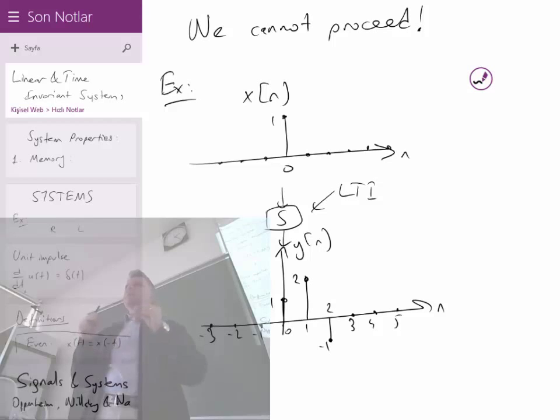This x of n is the most generic input. By the way, it had a specific name. Do you remember this? It was the unit sample or unit impulse, delta n. Okay. So if you apply a unit impulse as the input, then its output is measured.